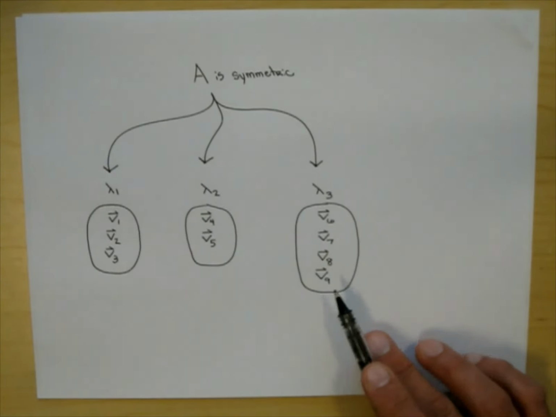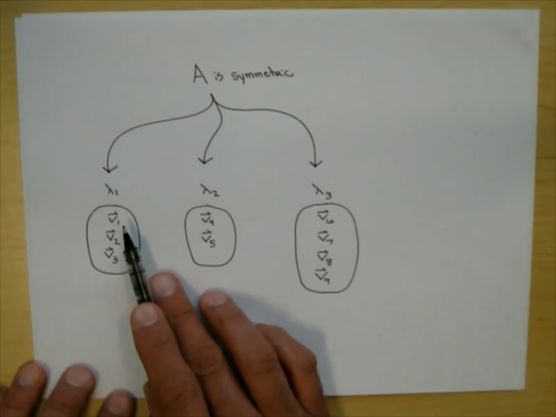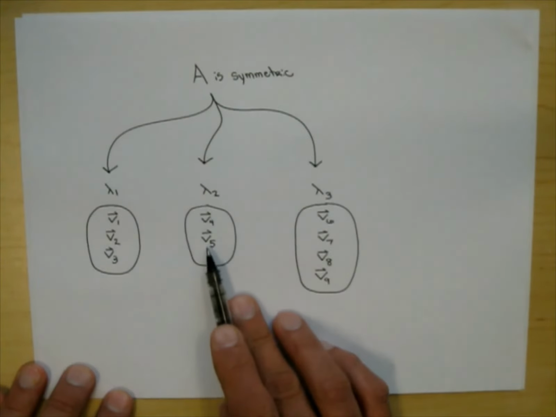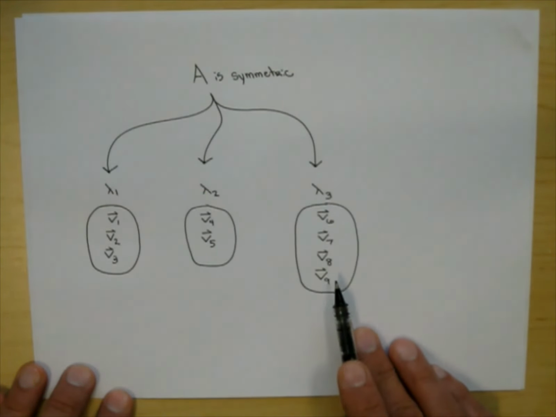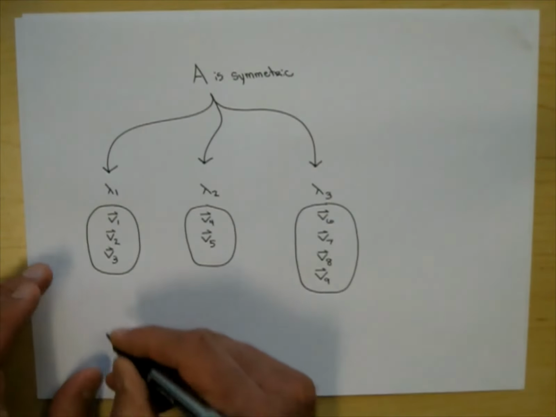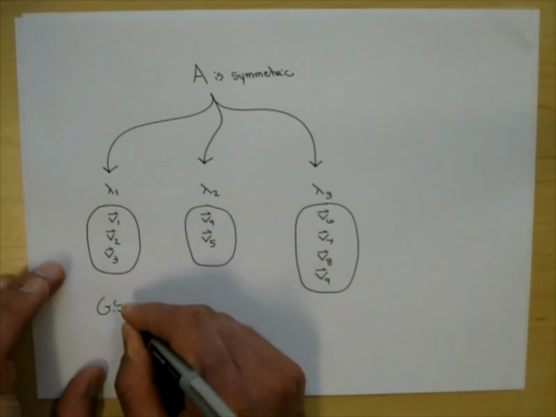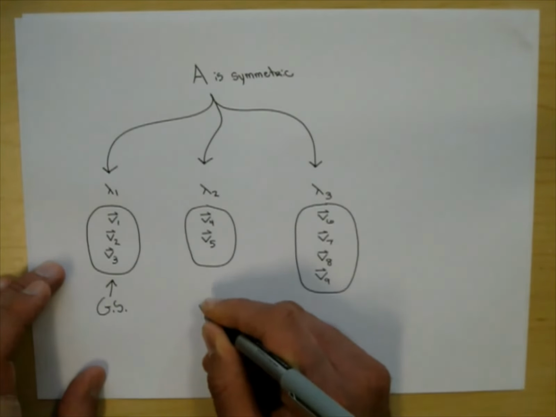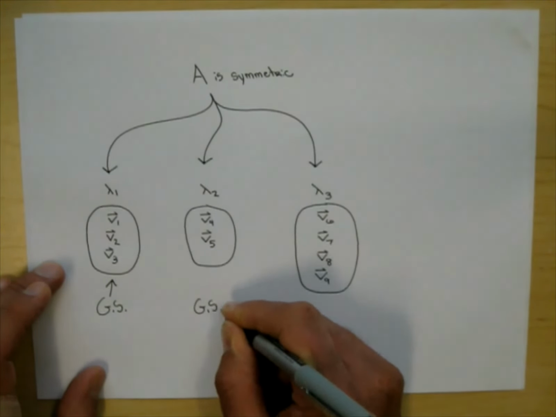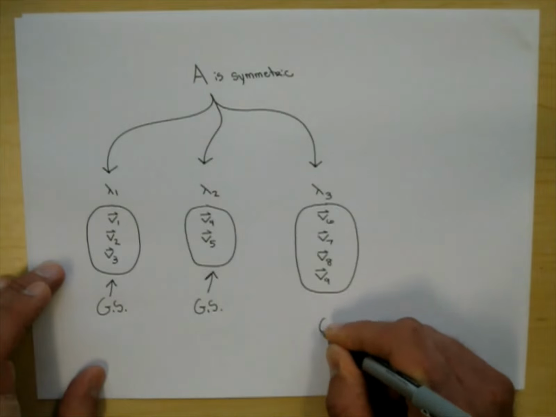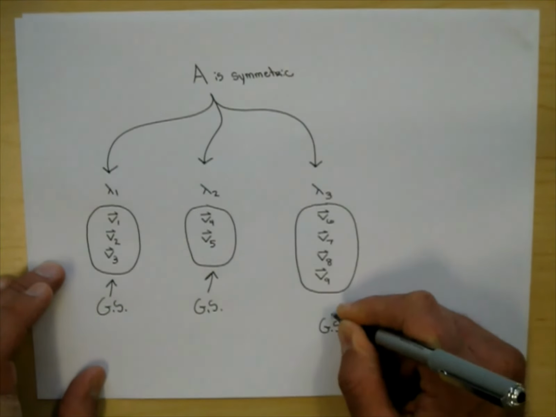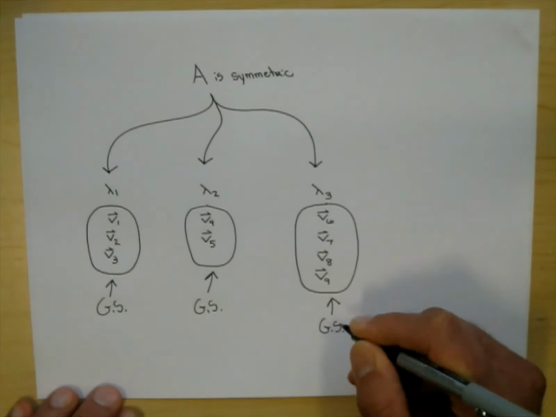Some people are under the impression that if you Gram-Schmidt all 9 of these in one swoop, that will do the job, but you'll end up getting vectors that are not even eigenvectors of the matrix anymore. So you'd have to do a separate Gram-Schmidt for each group.